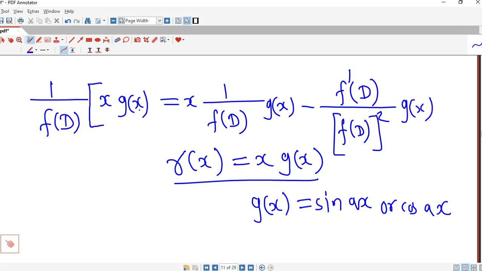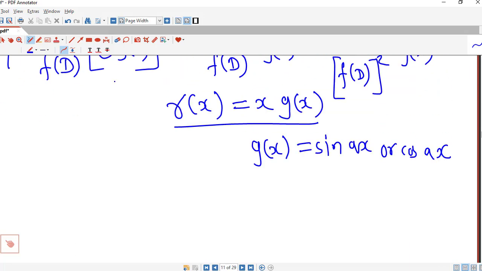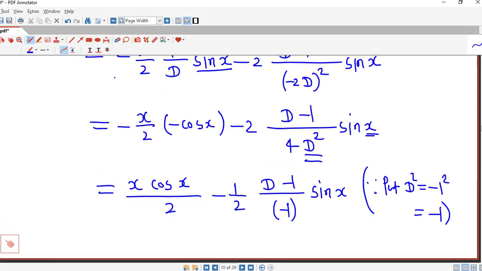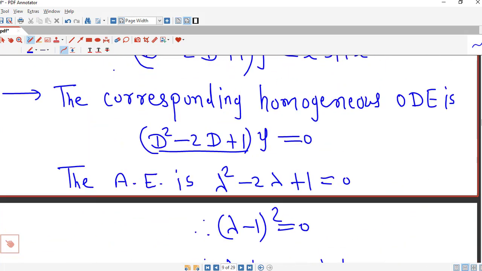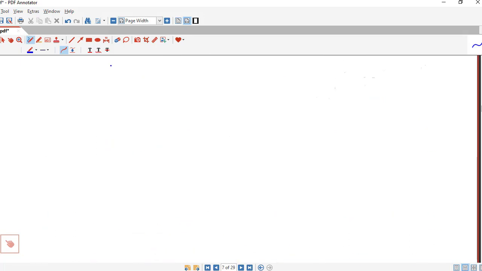So this becomes very easy. In very short time we can find the particular integral, but the limitation is that the power of x must be 1. If the power of x is more than 1, we have to use the formula which we discussed in the previous case, that is this formula.